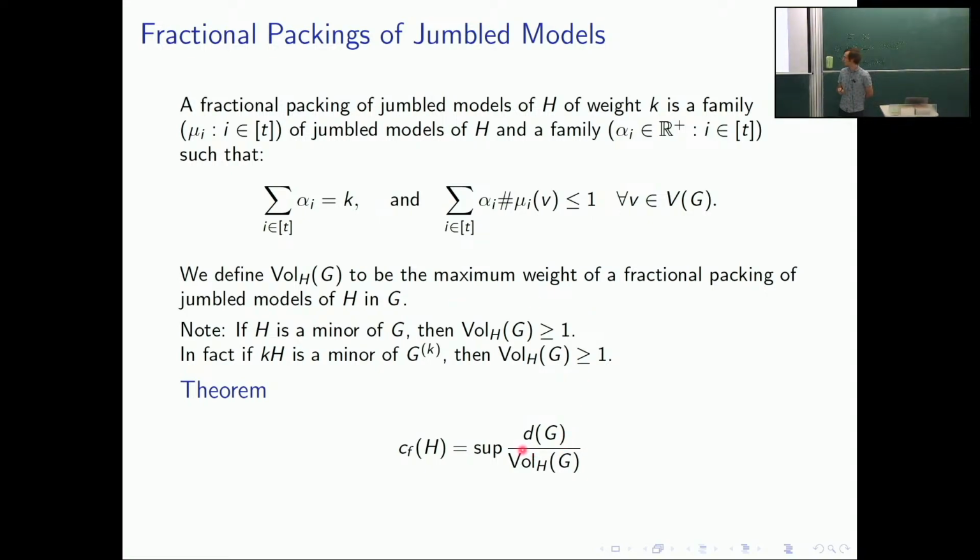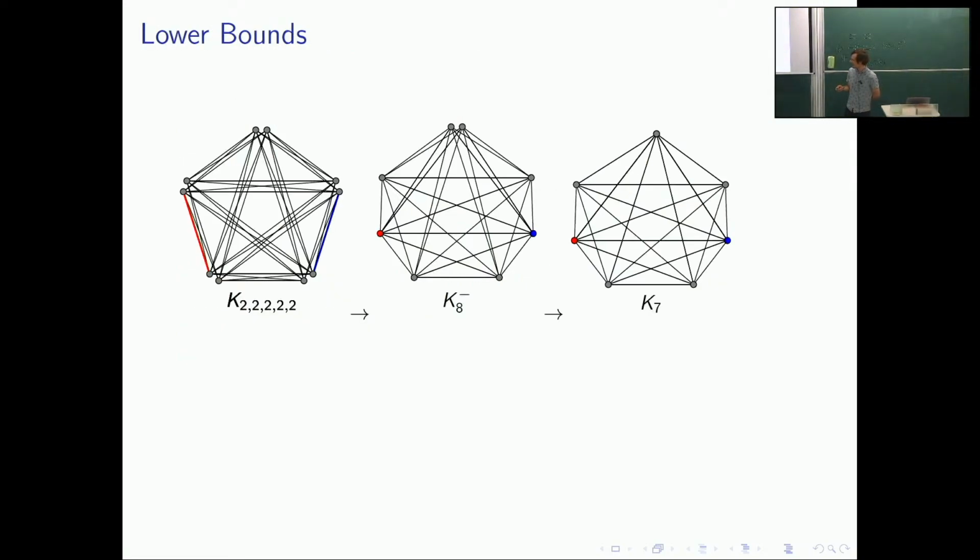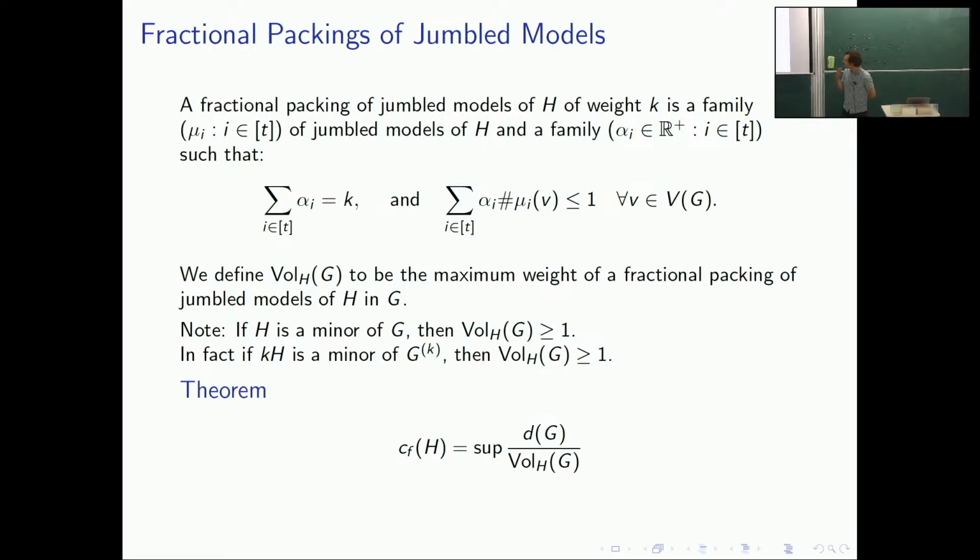So if we put this just less than 1, then we're looking at the supremum of graphs G where this H volume is strictly less than 1. It makes sense, but it's not clear that you would get the equality, but you end up getting that these are precisely equivalent.